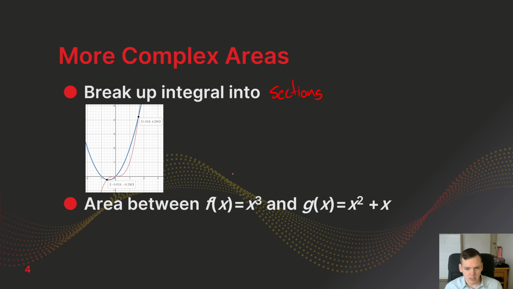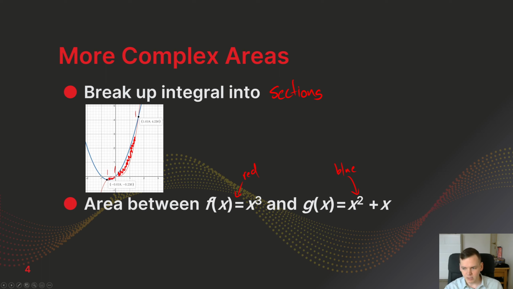You'll notice that f of x equals x cubed is the red line, and g of x is the blue line. The area between the curves is this area right here, plus this area right here. We can see that between these points, it switches. Initially the red line's on top, then the blue line's on top.